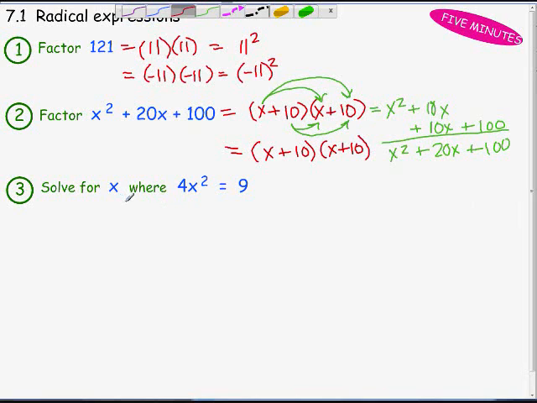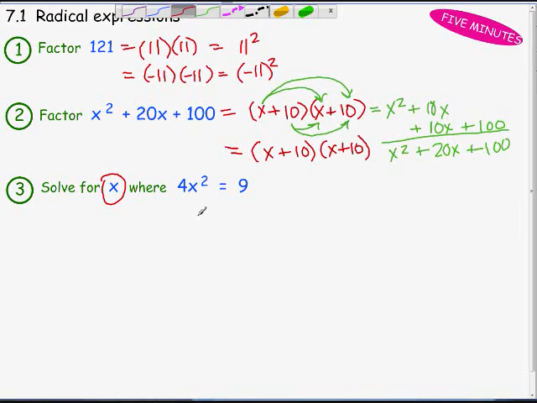Solve for x. There's the x, where we've got 4x squared equals 9. Of course, we remember that when we're solving for a variable, we want to isolate that variable. That's already been done. It's here. It's got nothing added to it. But it doesn't have a coefficient of 1.